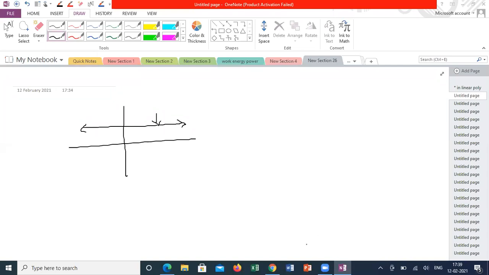Guys, how many zeros for this line? No zeros, sir, for the red color line. How can we say no zeros? Sir, because the line does not cut the x-axis.